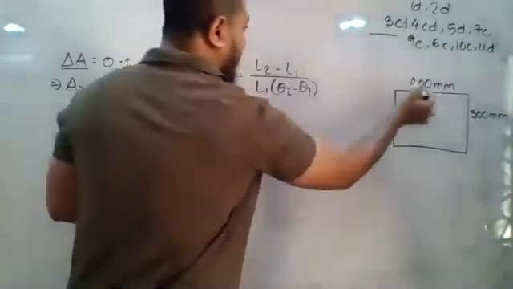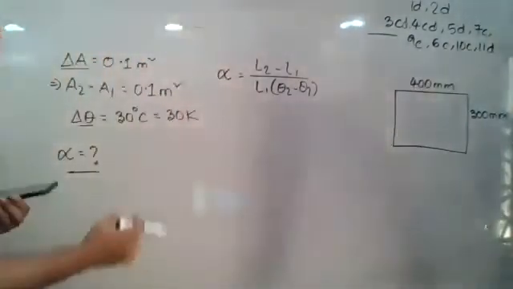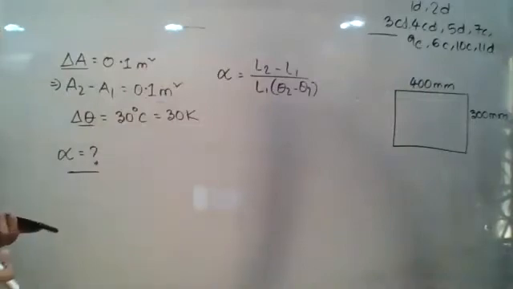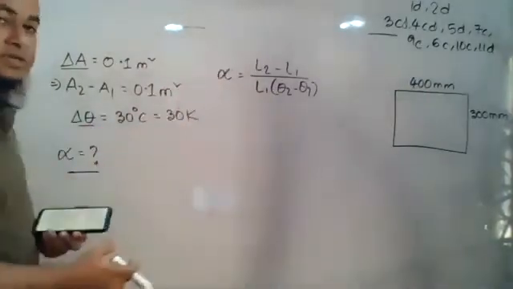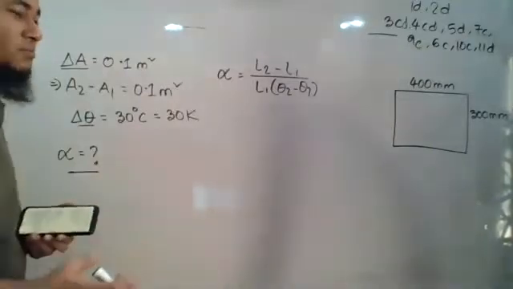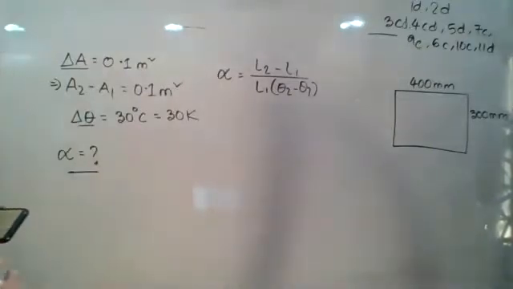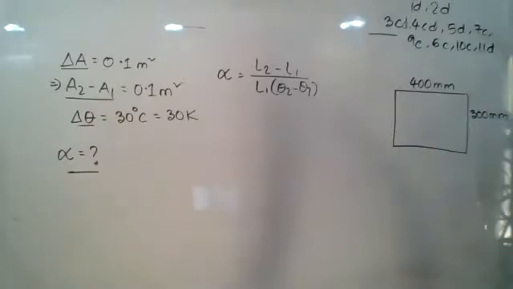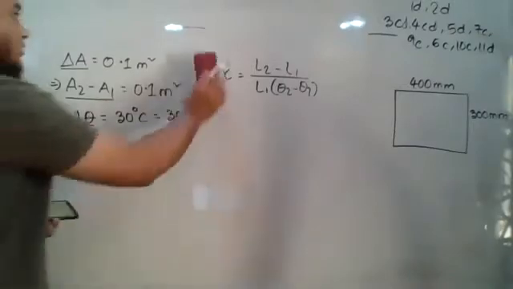We only know the initial length is 400 millimeter, but after changing the temperature, L2 is unknown to us. So we cannot calculate alpha directly. We have to calculate beta first. Beta means coefficient of superficial expansion or area expansion, because we know the area expansion. So let us do that.